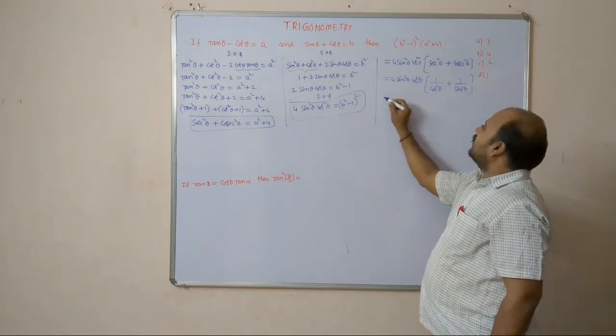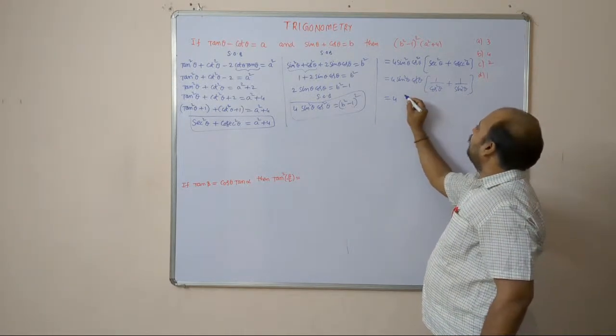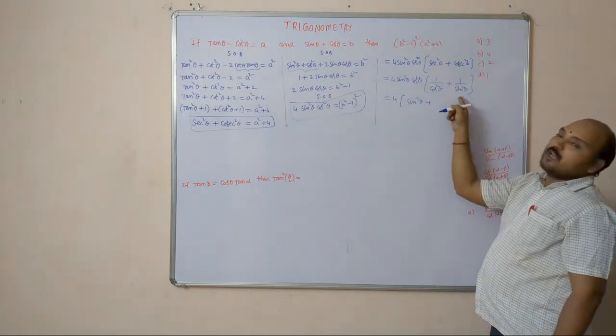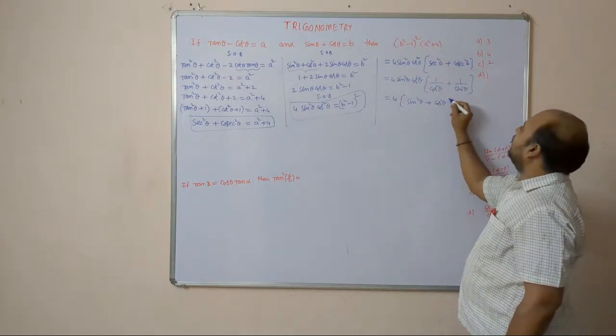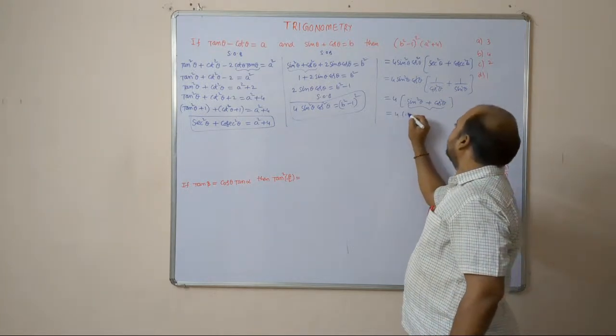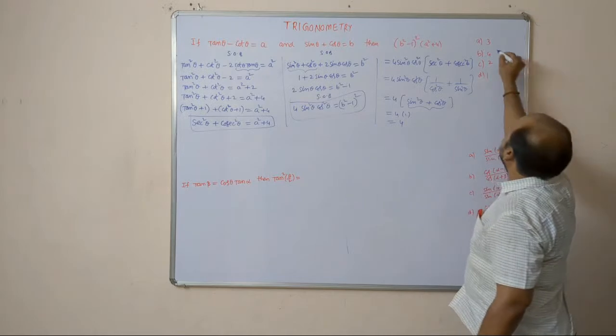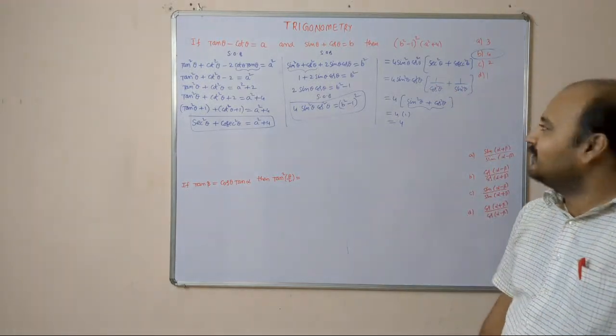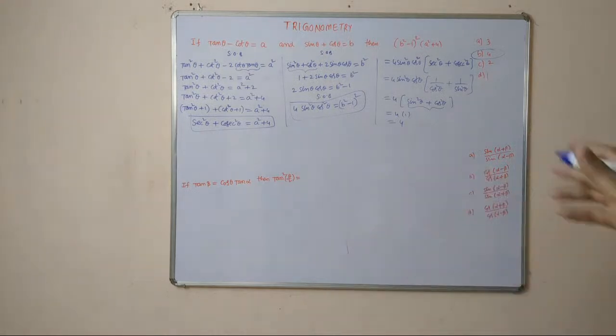Cos square theta gets cancelled, 4 times sin square theta will come there. Here sin square theta will be cancelled, leaving cos square theta. Sin square theta plus cos square theta value is 1. So 4 times 1 is equal to 4. So 4 is there in the second option, dear students. I hope you understand. This is the way you can do. So these are the questions.